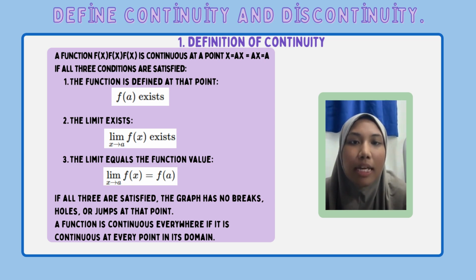Second, the limit of f(x) exists. Third, the limit equals the function value. If all 3 are satisfied, the graph has no breaks, holes, or jumps at that point. A function is continuous everywhere if it is continuous at every point in its domain.